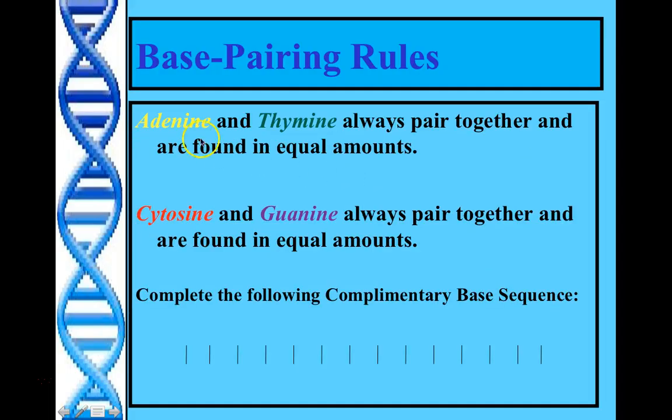So as stated before, adenine will always bond with thymine, cytosine will always bond with guanine, and that is just the base pairing rules. We like to call them complementary base pairs.